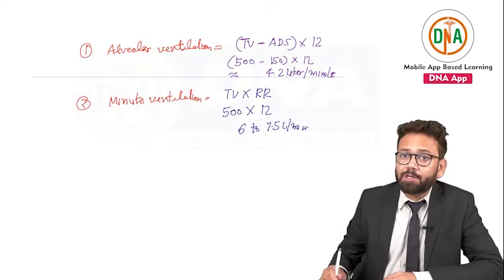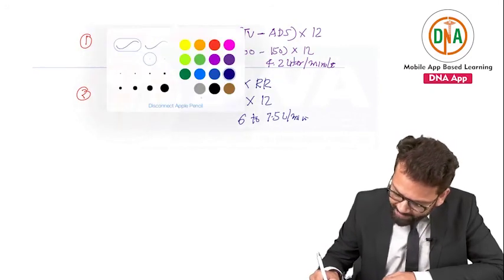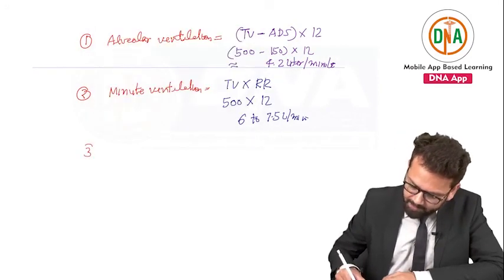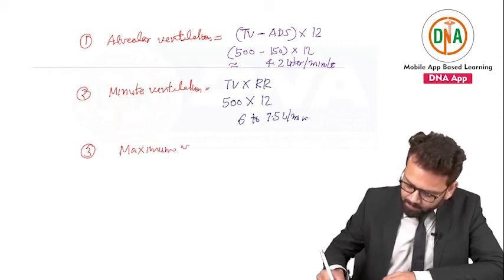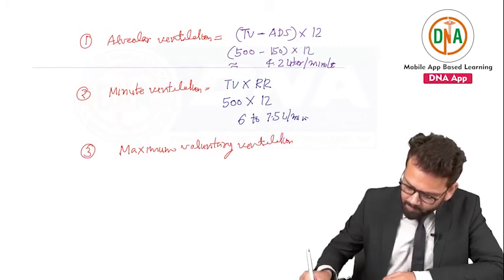This is minute ventilation. Now the third is maximum voluntary ventilation. What is the maximum amount of air you can voluntarily ventilate? It is maximum voluntary ventilation, or MVV.